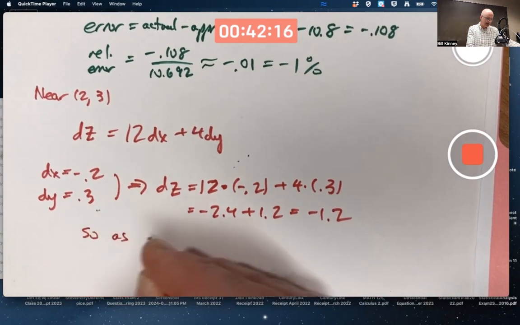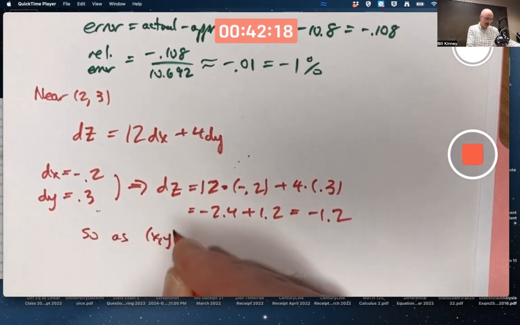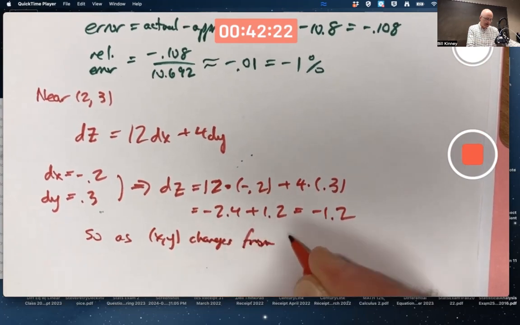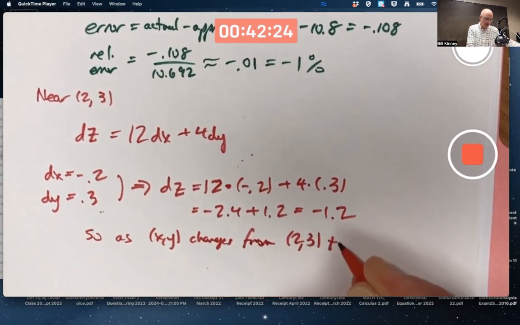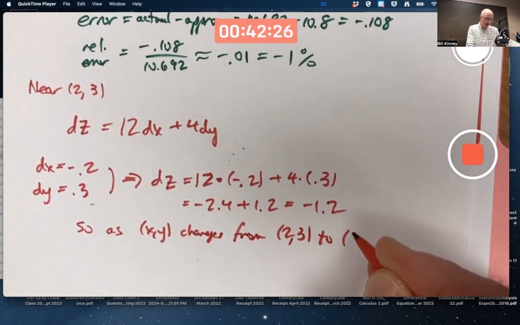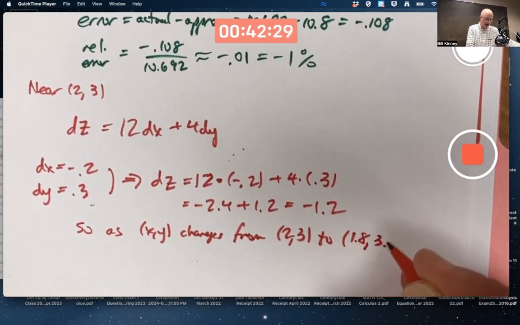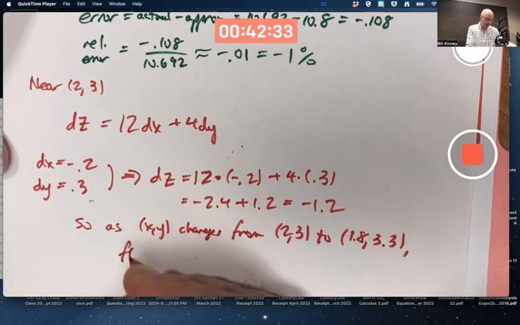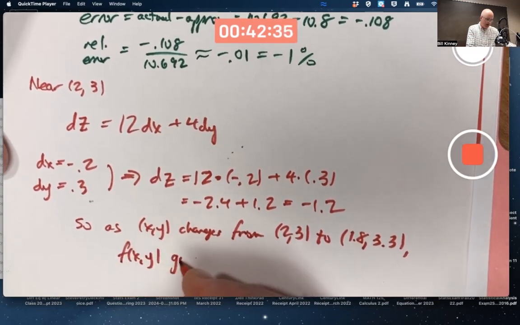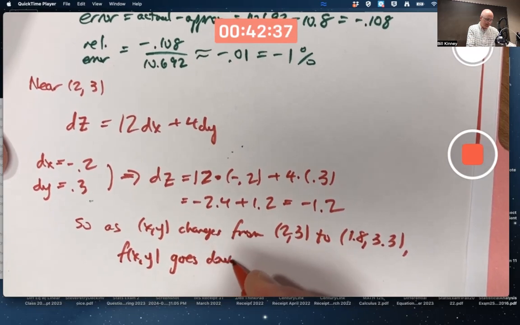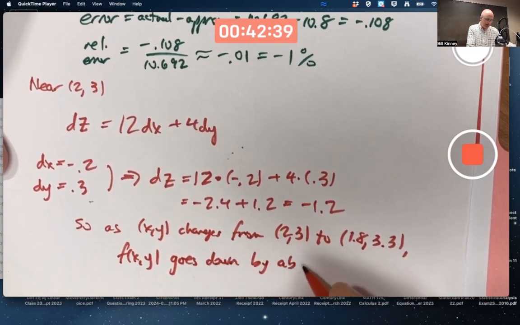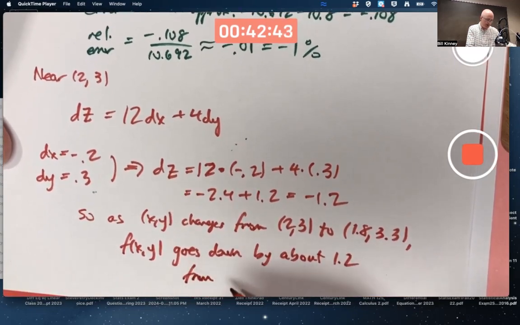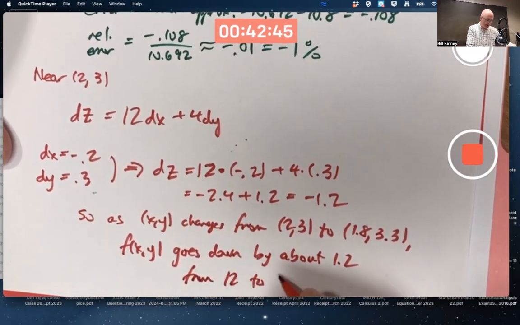So as (x, y) changes from (2, 3) to (1.8, 3.3), f of (x, y) goes down by about 1.2, from a value of, what was it, 12 to 10.8.